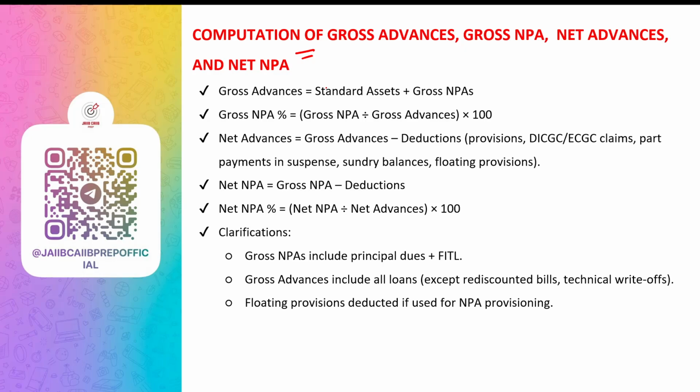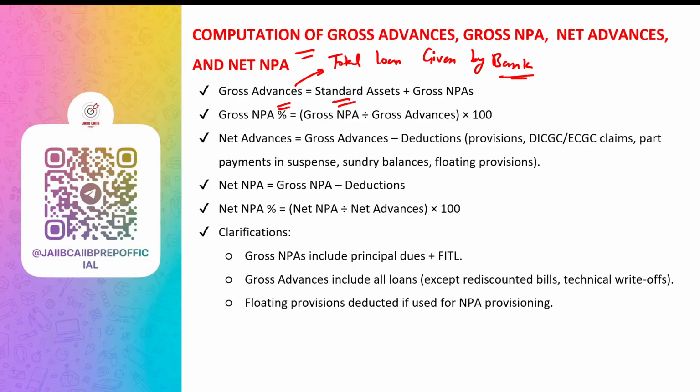So what is a gross advance? Gross advance means total loan given by the bank. Hence, it includes both standard assets, loans which are being repaid properly, and gross NPAs, loans where repayment has stopped or is overdue.